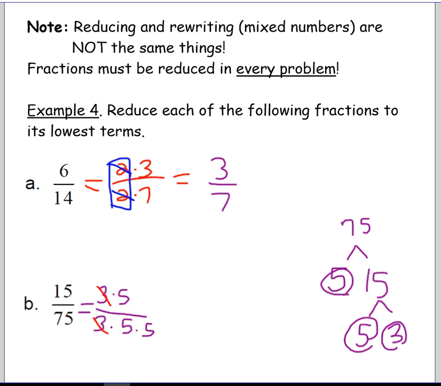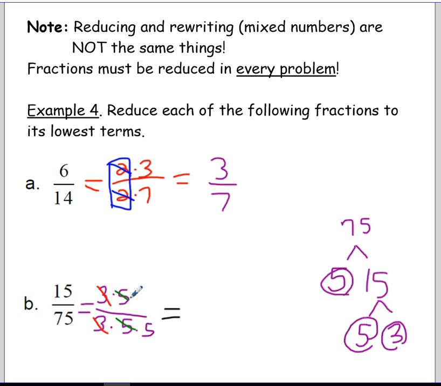We also have a 5 on the top that can cancel out with a 5 on the bottom. And then there's nothing else to pair top to bottom, so we're finished. But look what happened when we reduced. We canceled out both the 3 and the 5, which means 15 can divide evenly into 75.